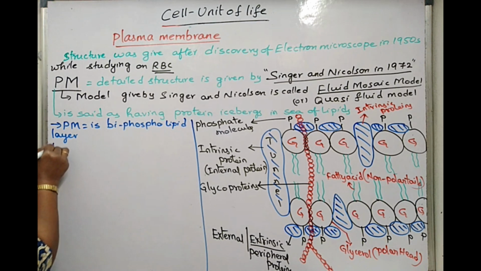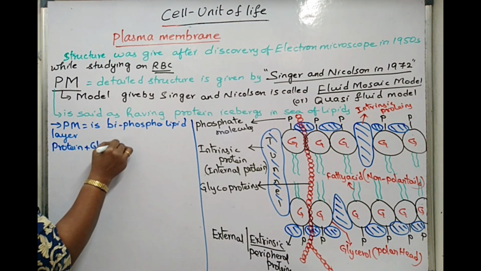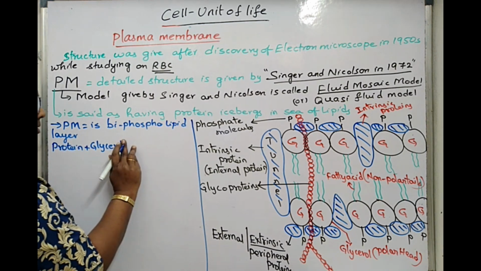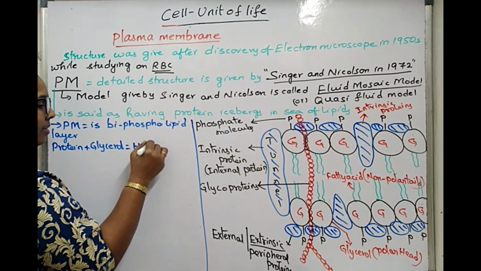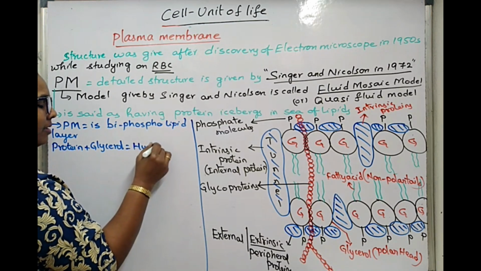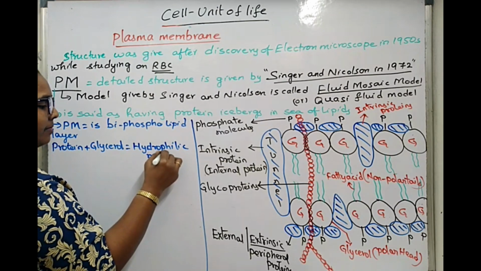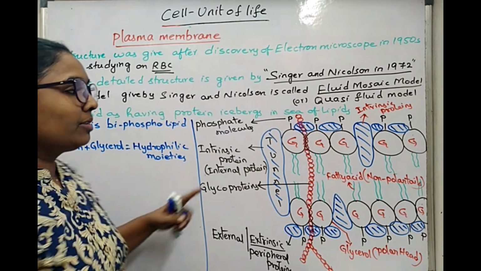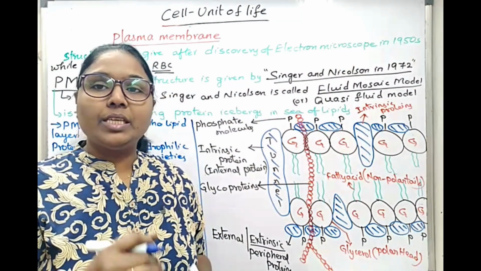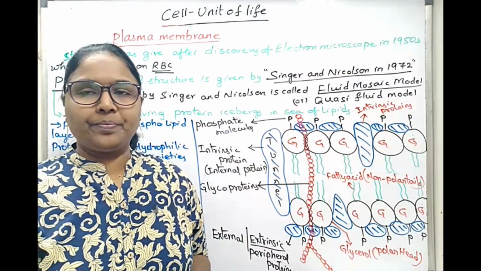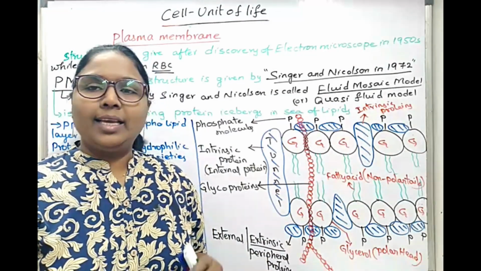Now, protein plus glycerol together are called hydrophilic moieties. Because hydrophilic is the term that is given for the molecules which allow water molecules to pass through them. Up to here, water molecules can come normally by passive method without using any energy.